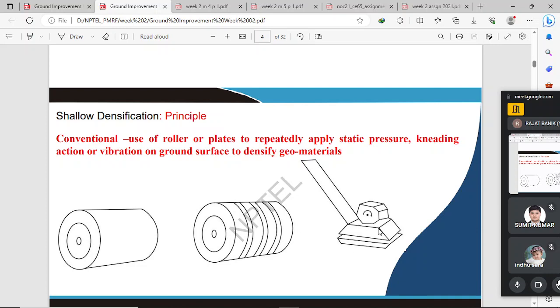The vibratory plate is used for this purpose, and only in inaccessible places, where the smooth roller or pneumatic rubber tire roller cannot go, like the edge of slopes or the backfill of earth dams, where we apply the vibratory plates.